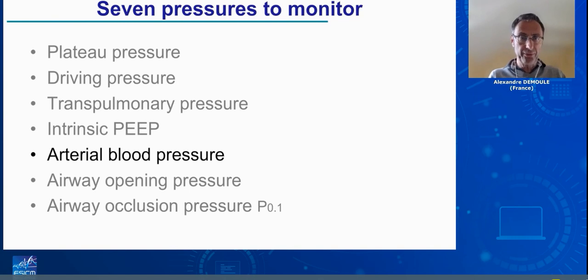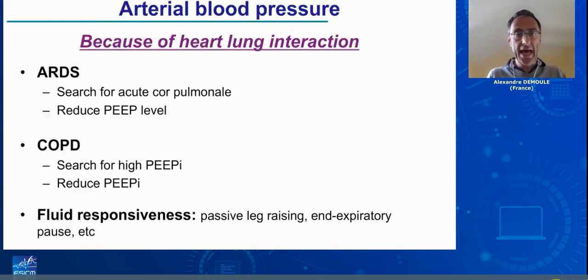So this is a pressure that I monitor in every patient because of heart-lung interaction. And just two examples: in ARDS patients, when we have low arterial blood pressure, we should, for instance, search for acute cor pulmonale, and maybe in some cases reduce PEEP level.